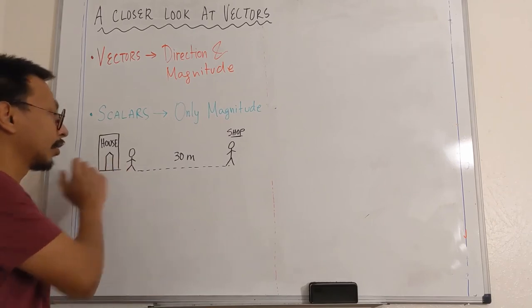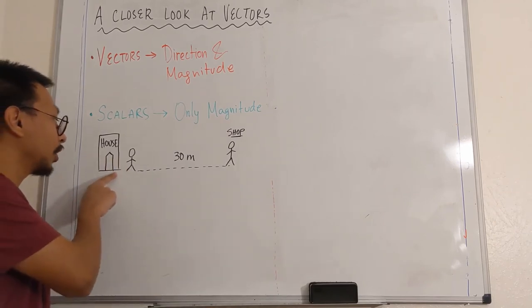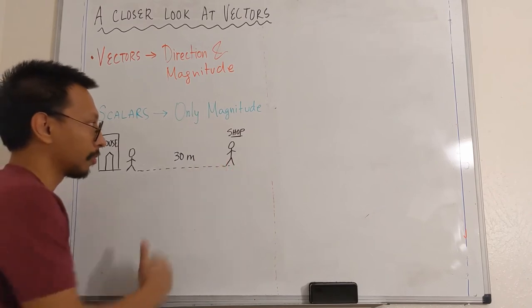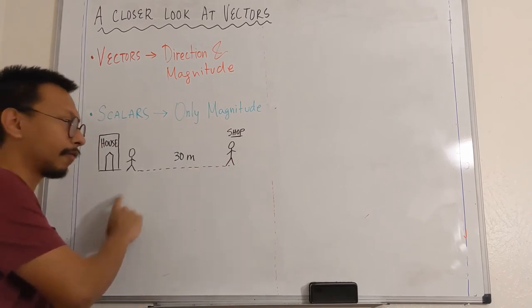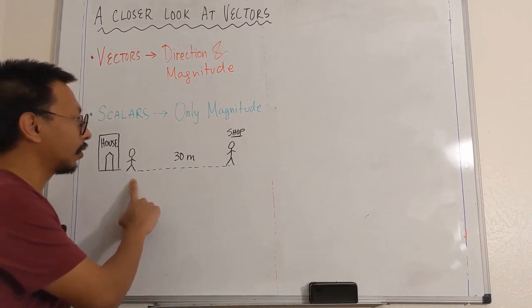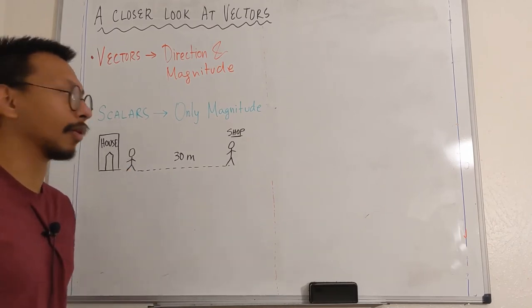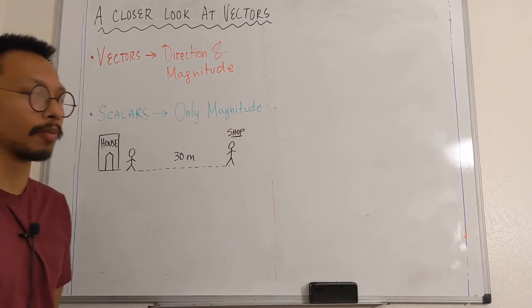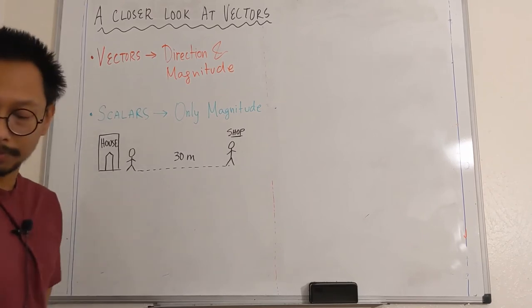So let's say you wake up one day and want to go to a shop. You start your journey from home at, say, 10 a.m. and then travel to the shop that's nearby, which is around 30 meters from your home.